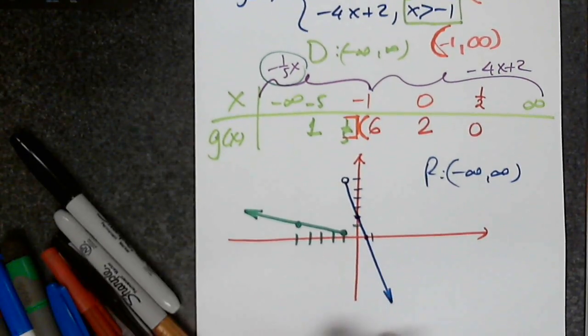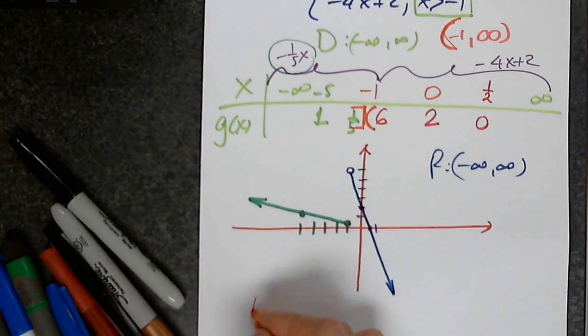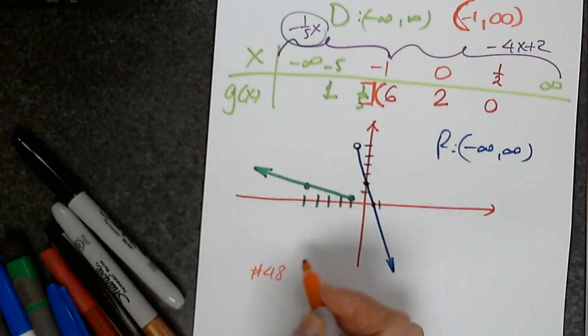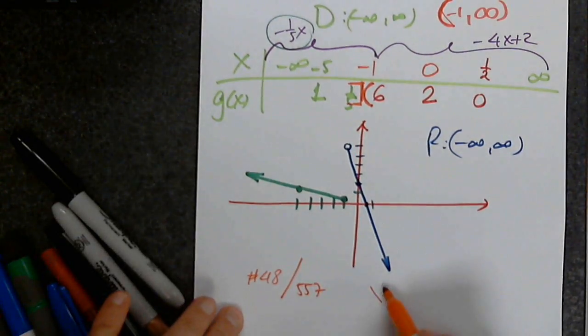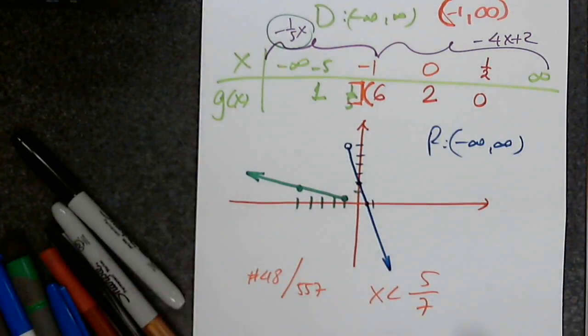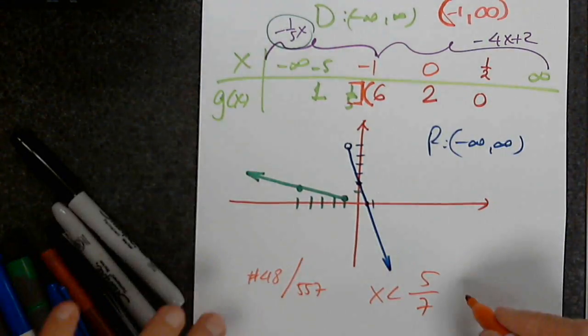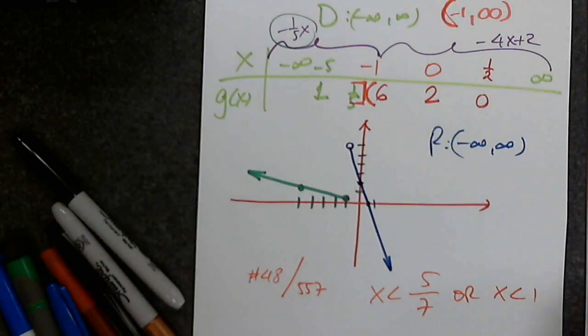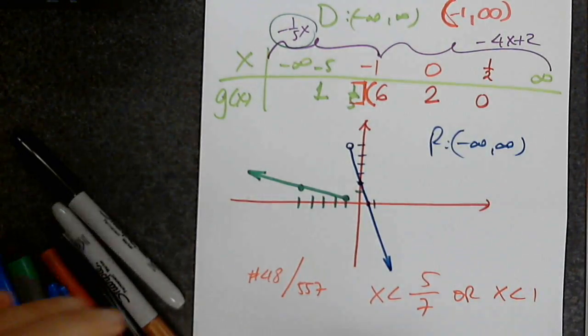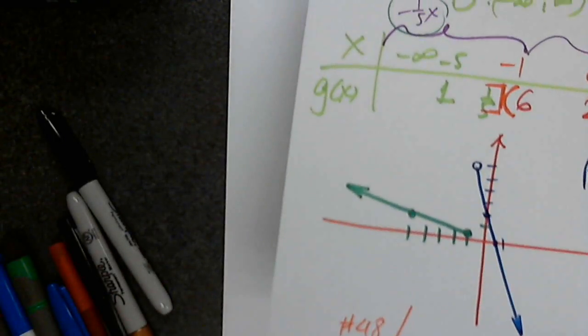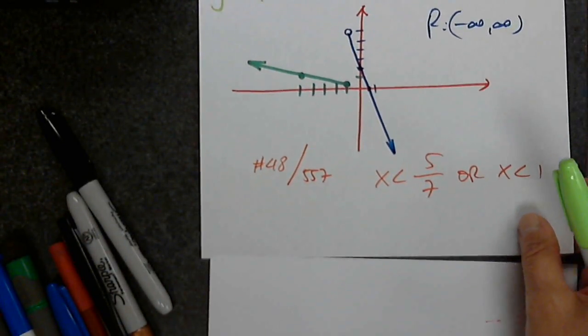Okay, I will choose an or, 48, on page 557. So I have x less than 5/7, or x less than 1. I don't have to solve. They're already solved.